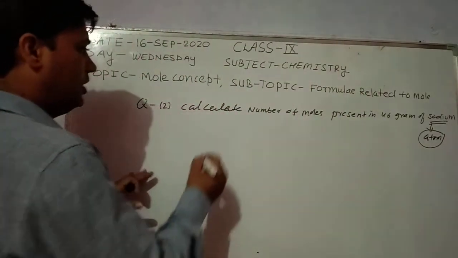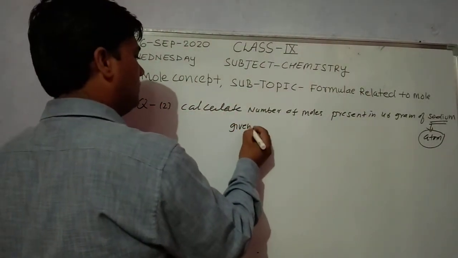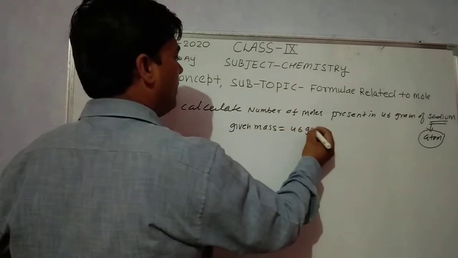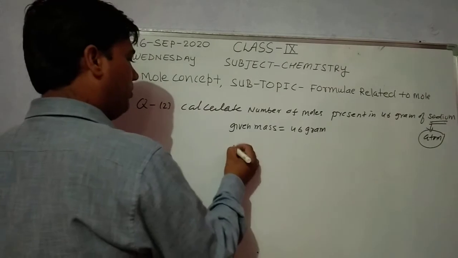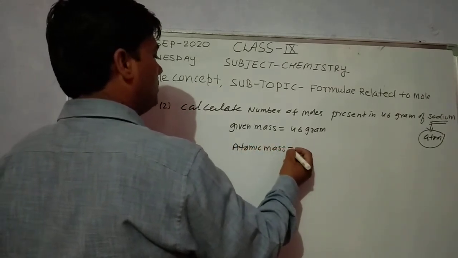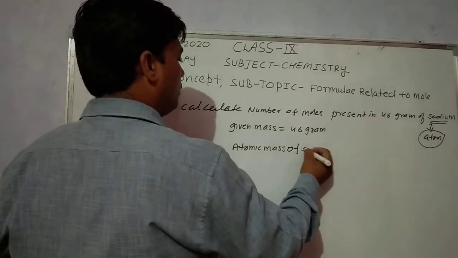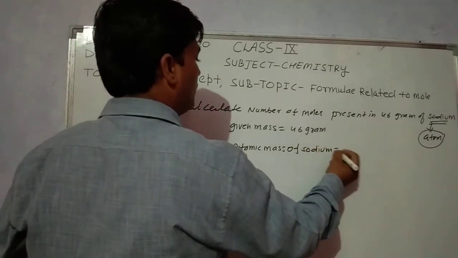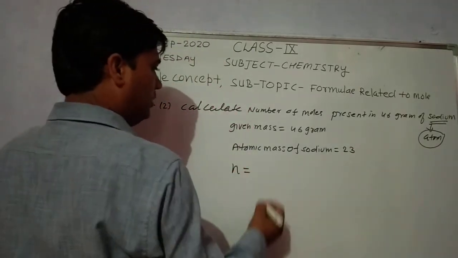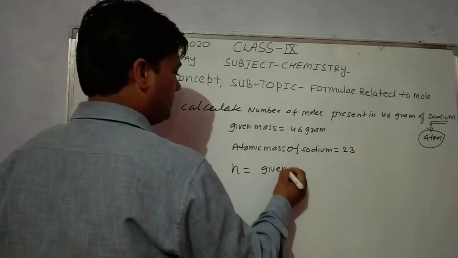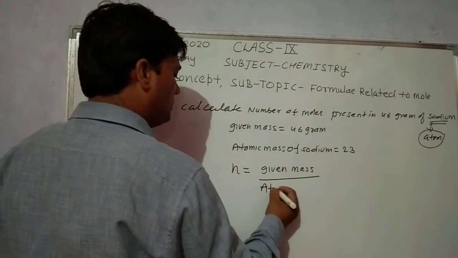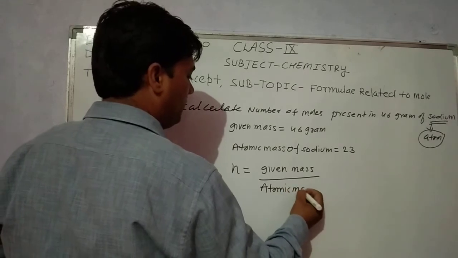So given mass is equal to 46 gram, and atomic mass of sodium is equal to 23. So number of moles is equal to given mass divided by atomic mass of sodium.